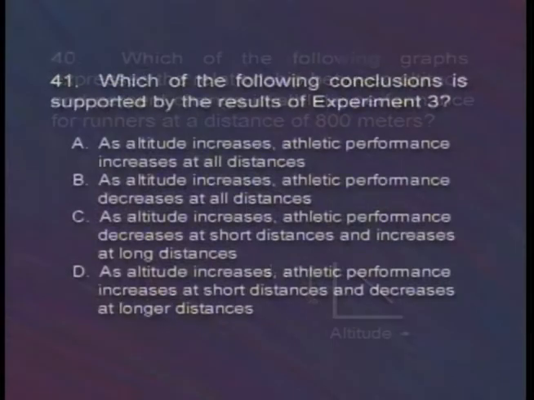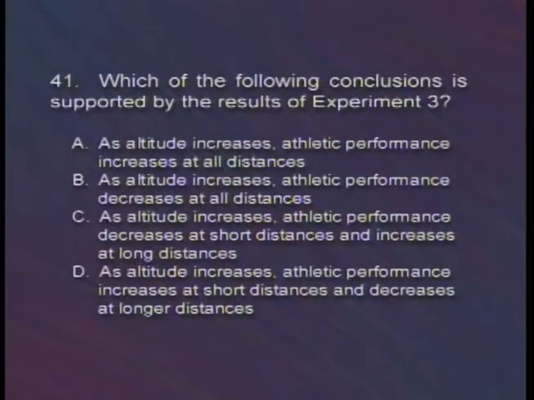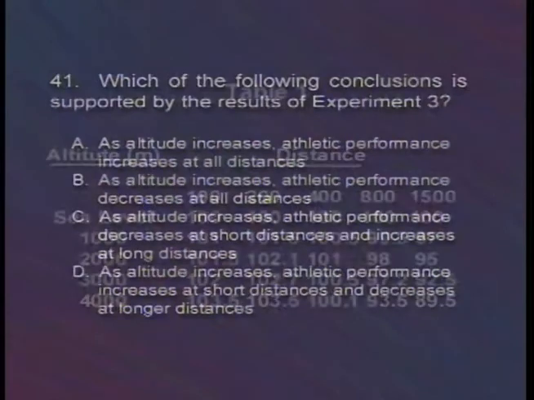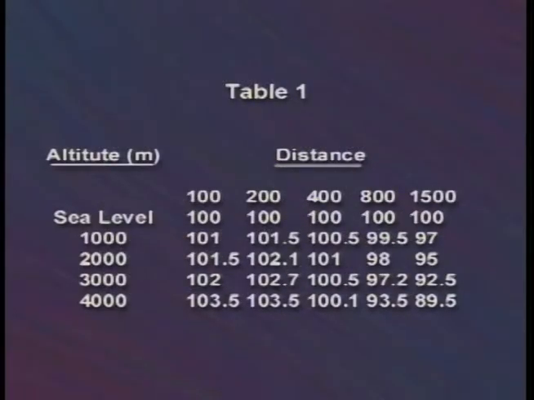Question 41. Which of the following conclusions is supported by the results of Experiment 3? Once again, let's use Table 1. What happens to athletic performance as the altitude increases? At distances of 100 meters, the percents increase, as they do at 200 meters.